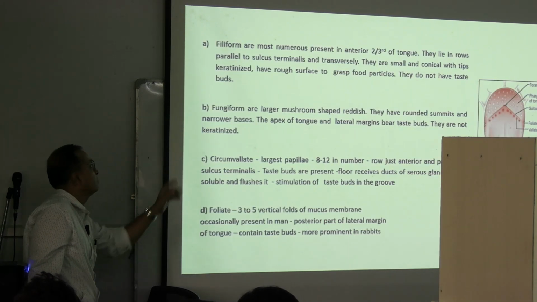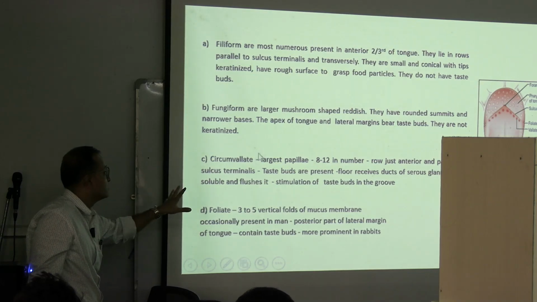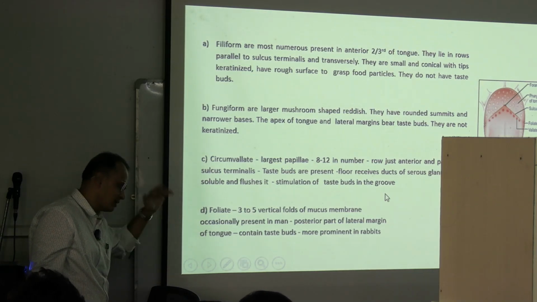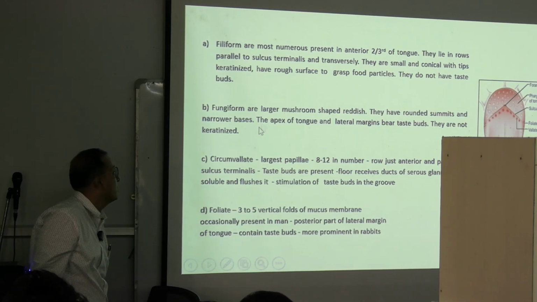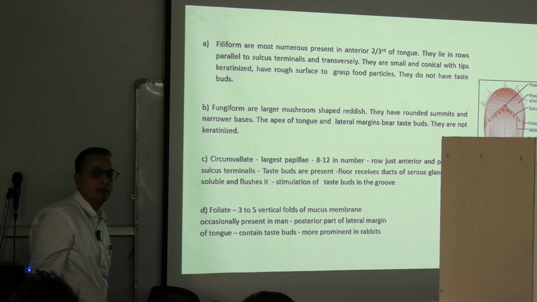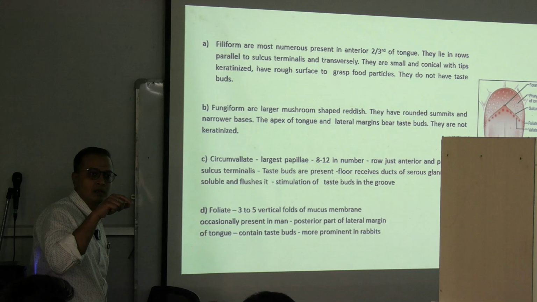So, this is about the general features: filiform, fungiform, circumvallate and foliate. Foliate papillae are present on the lateral margins of the tongue, but not very plentifully formed. So, 1, 2 and 3 are the points of concern: the spiky end, the mushroom end and the truncated end of this mucosal elevation, which we call papilla. A mucosal elevation means cells plus lamina propria.